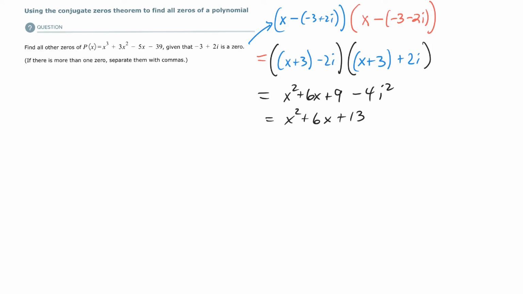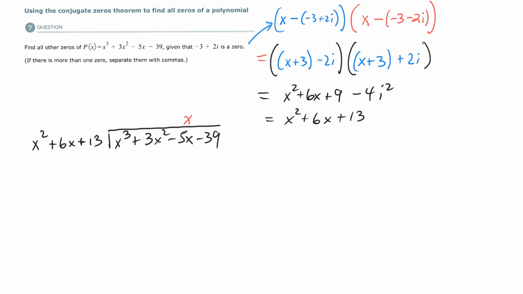Now we want to find the other zeros of this polynomial. So what we're going to do now is take long division and try to take that divisor and see if we could divide it into x cubed plus 3x squared minus 5x minus 39. And of course we can. We just need an x to get this going.